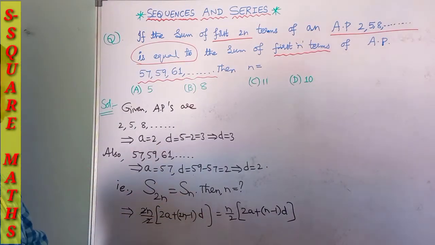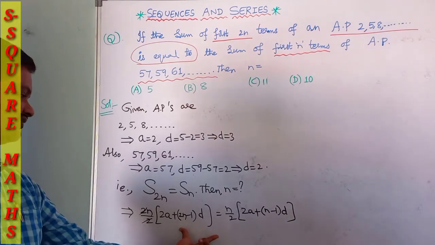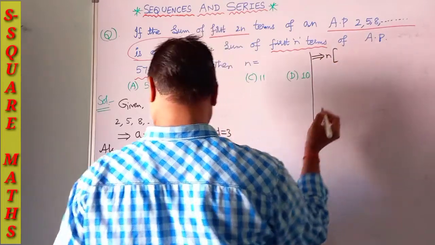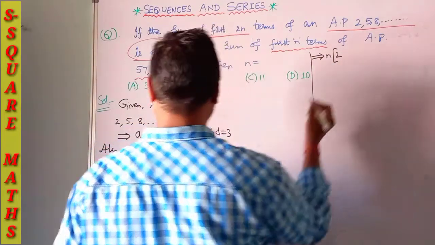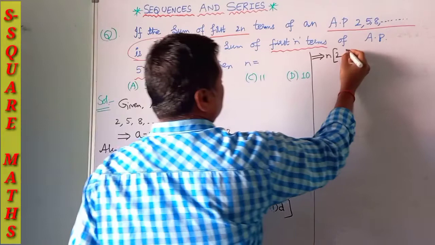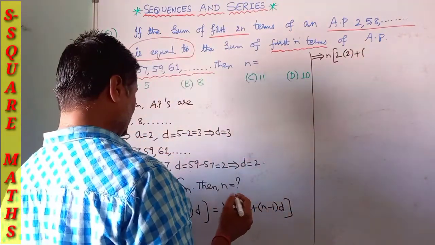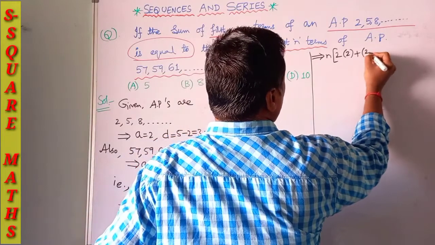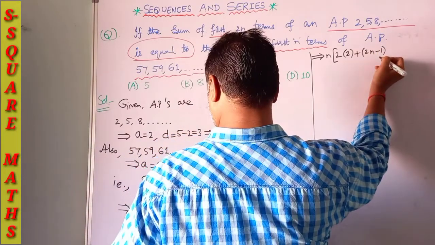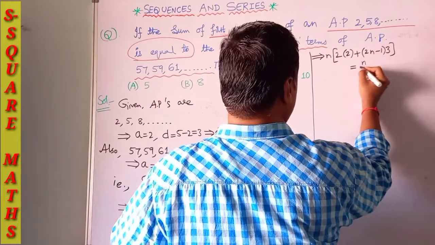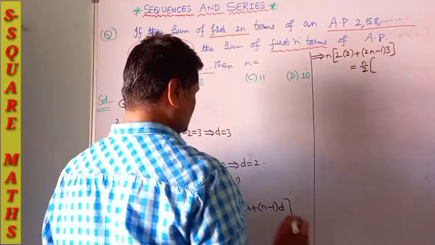So from this we have to deduce the value of n. n into 2a, 2 into the first term of this one, which is 2, plus 2n minus 1 into d, which is 3 here, is equal to n by 2 into 2a.